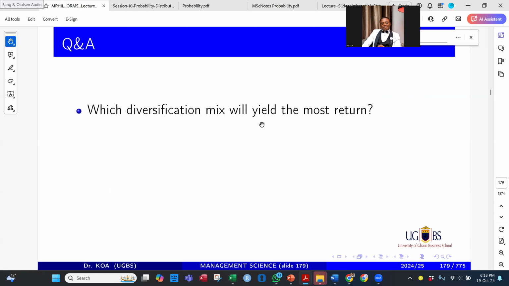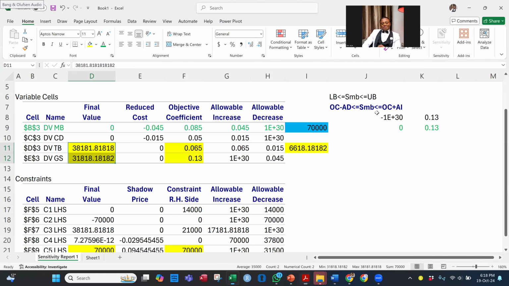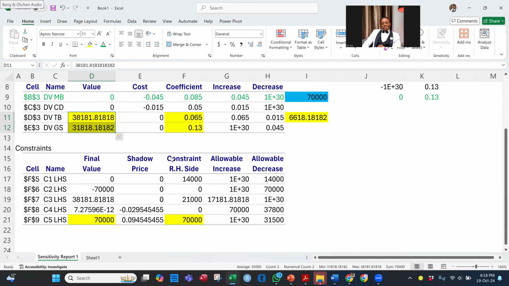Which diversification mix will yield the most return? Write it down. Which diversification mix will yield the best return? The diversification mixes are the constraints, okay, all of them. And you are being asked, which one will give you the most return?